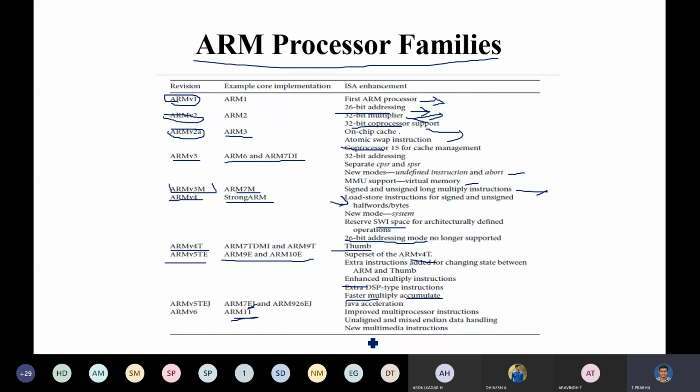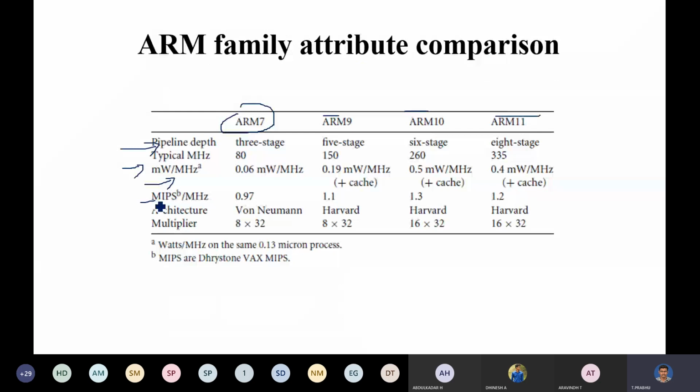Based on that, we are giving parameters such as the pipeline concept with the pipeline depth, operating frequency, power, and the megabits per second, architecture type and multiplier.